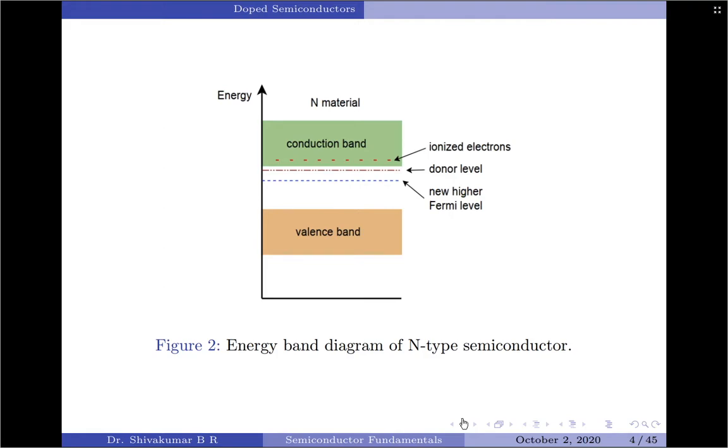Therefore, it is relatively easy for these donor electrons to jump into the conduction band, becoming free ionized electrons and leaving behind ionized holes. Compared to the undoped intrinsic crystal, the doped extrinsic crystal exhibits a relatively high number of free electrons. As you might surmise, this enhances the conductivity of the material, and the greater the doping level, the greater the enhancement.